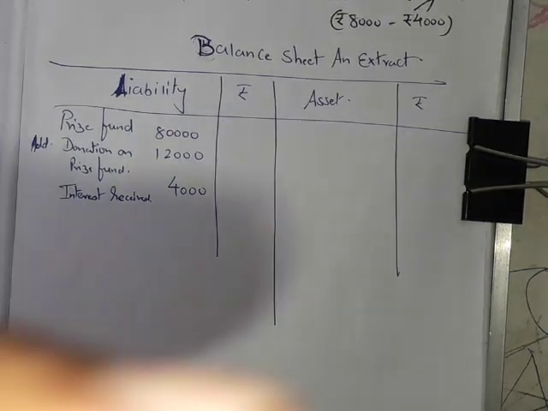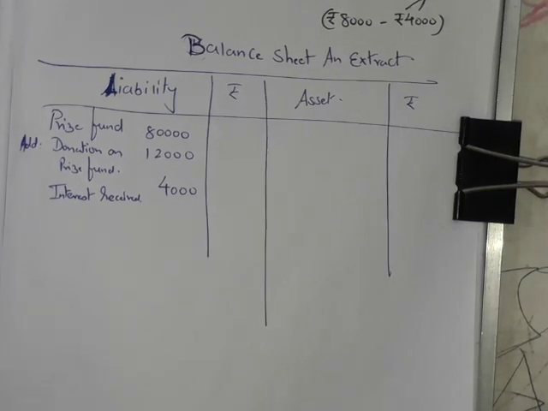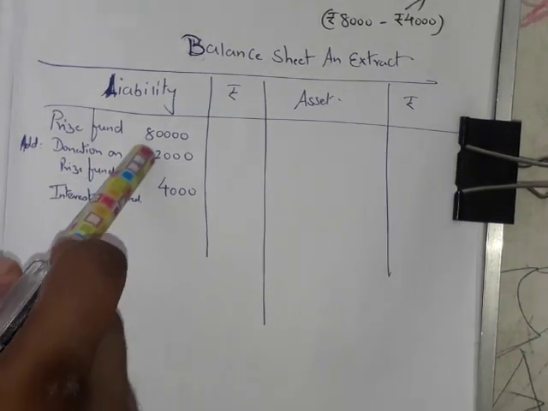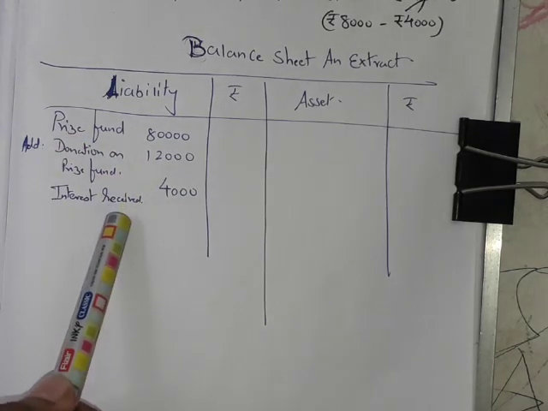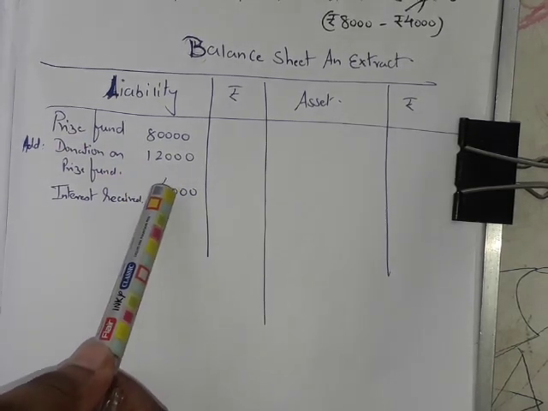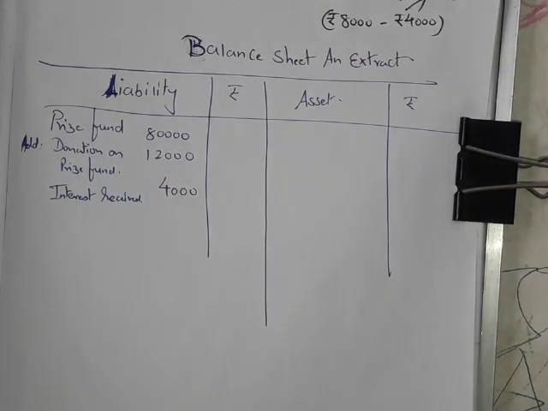Students, this is a continuation of the previous problem. If you look at the fifth one, we had a prize fund of rupees 80,000, and you added the donation you received towards it, which is 12,000, and the interest you have earned so far, 4,000.